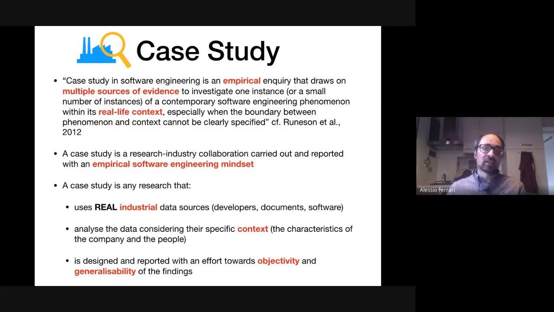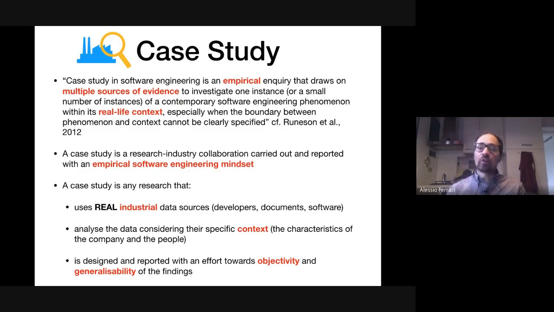Real industrial data sources, not examples: something that really comes from reality and takes into account all the characteristics of the real-life context. You analyze the data considering the specific context, so the characteristics of the company and the people. So this analysis of the data is not completely general.